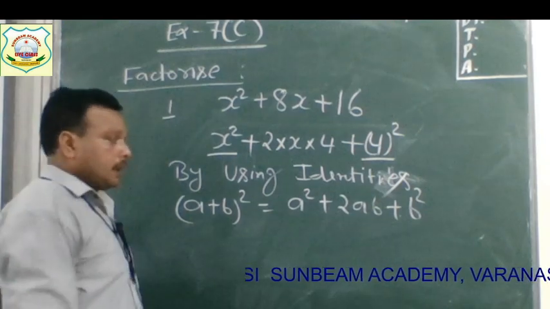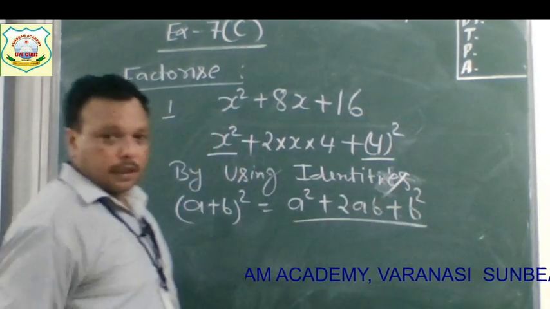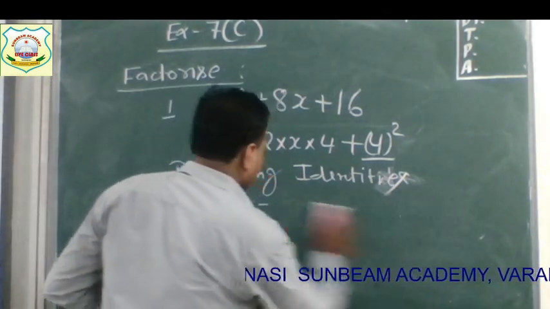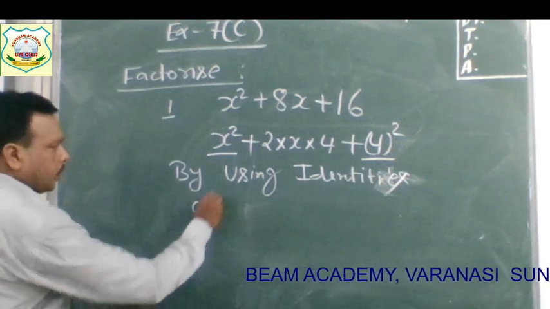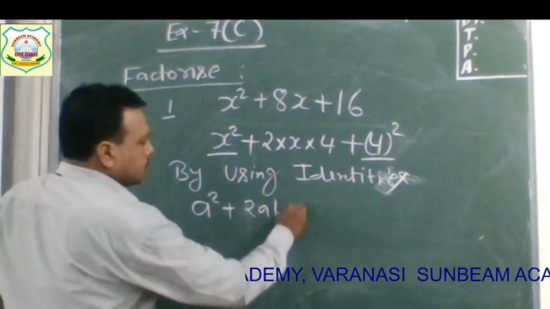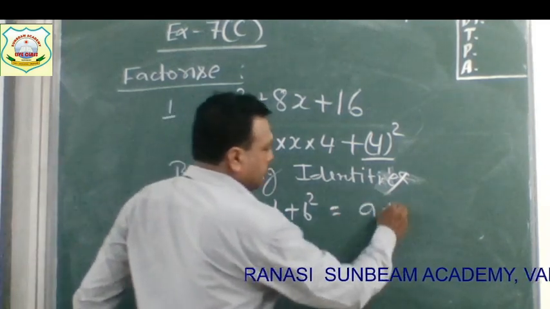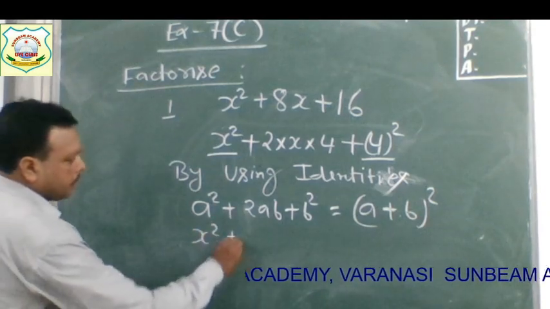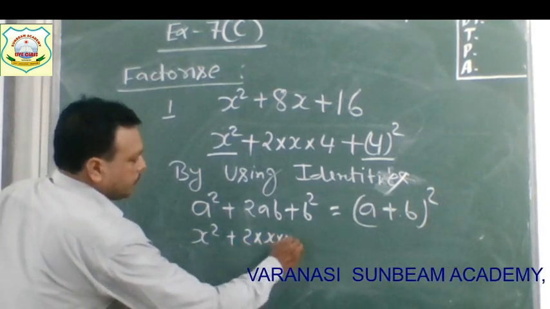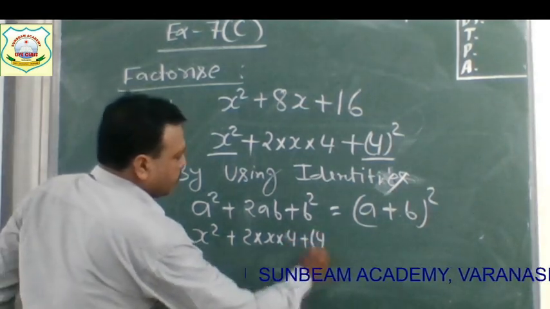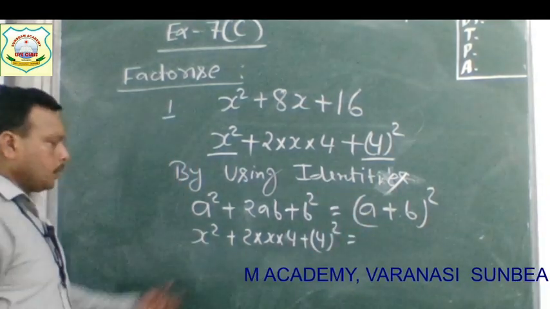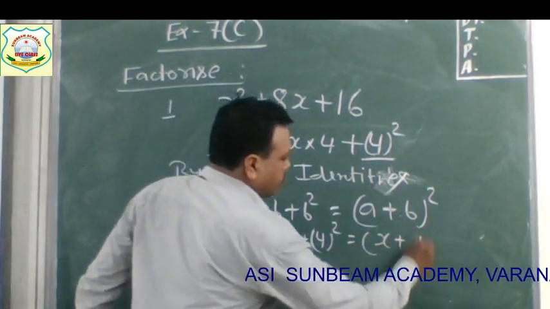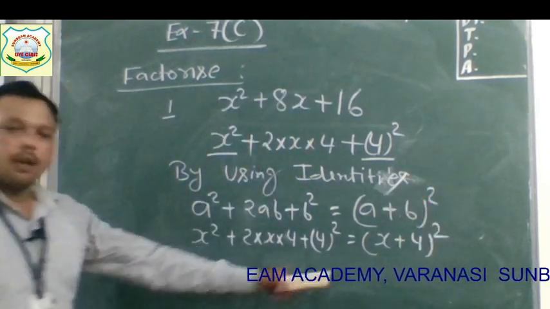Here we already have this format, a square plus 2ab plus b square, so there is no need to write it this way. So what are we getting? a plus b whole square. Same way, x square plus 2 multiply x into 4 plus 4 whole square. The a value is x and the b value is 4. So x plus 4 whole square will be your answer.